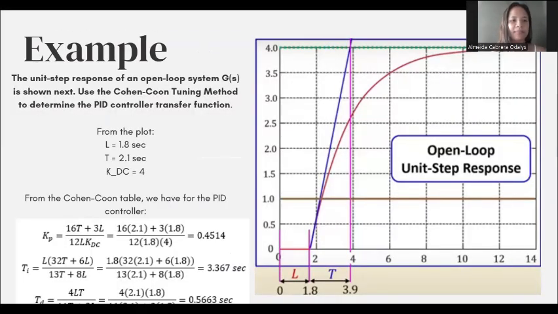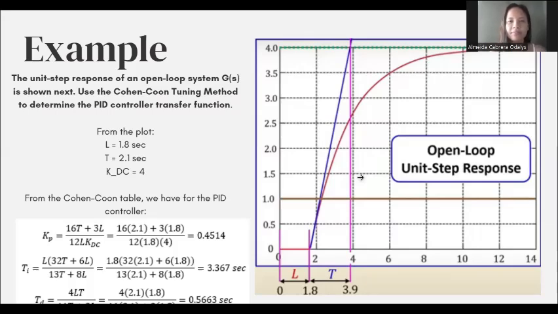The unit step response of an open loop system G(s) is shown next. Use the Cohen-Coon tuning method to determine the PID controller transfer function. Looking at the graph we have here, we can see that the delay time L is 1.8 seconds.